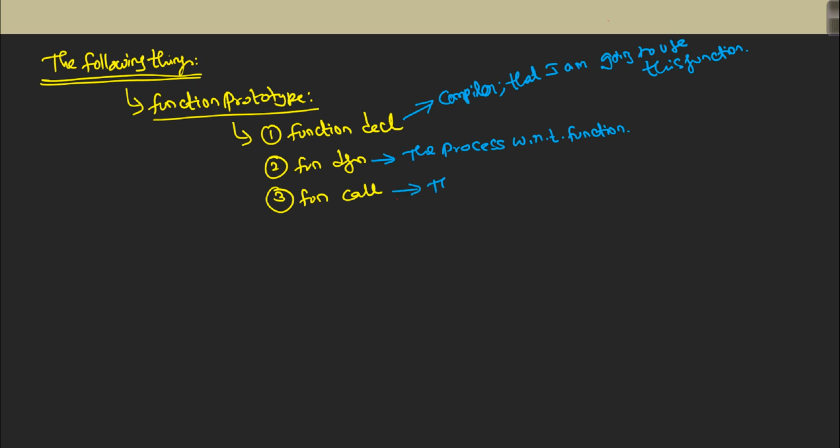Function call, the place where you want to use the function. So these are the three different things with respect to function prototype. I hope you all are clear with this.